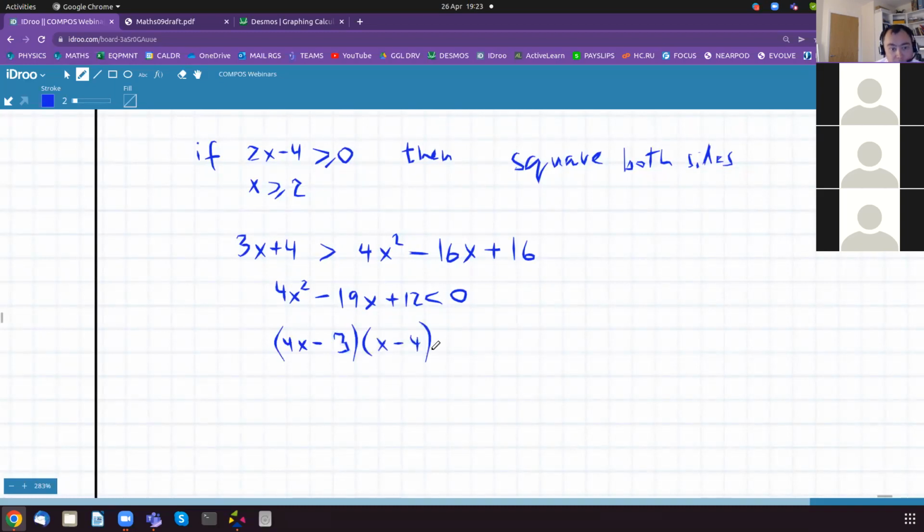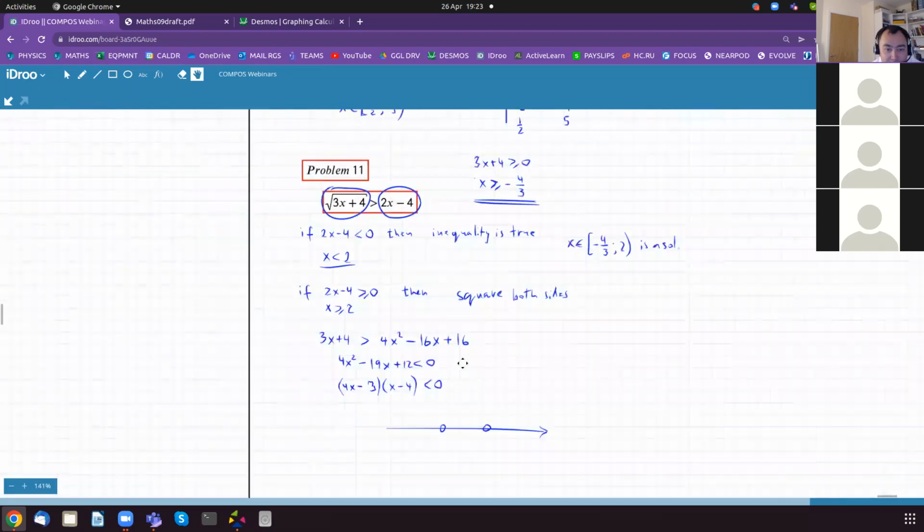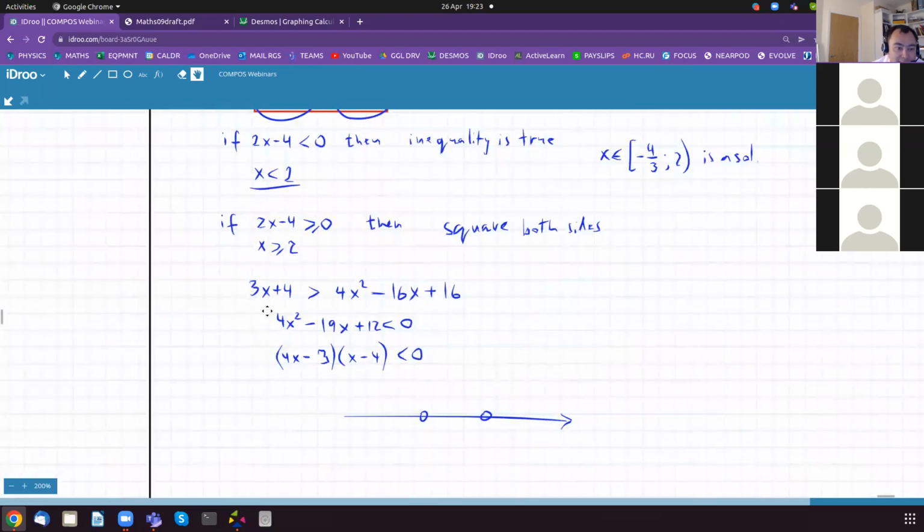x minus 4 is less than 0. So critical points are 4 and 3/4. And don't forget that we are only considering x greater than 2. Well, we'll get to that.